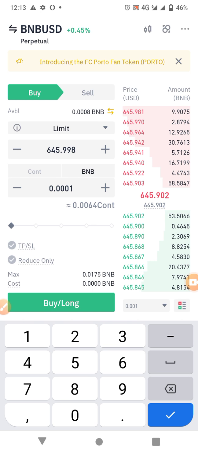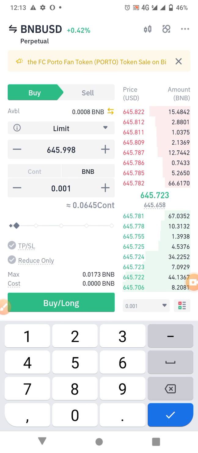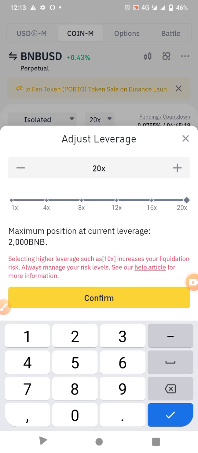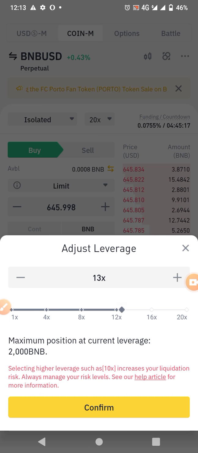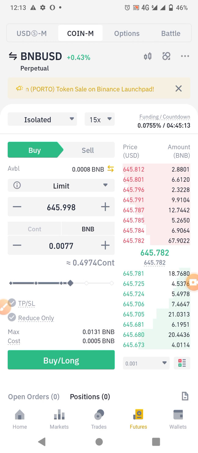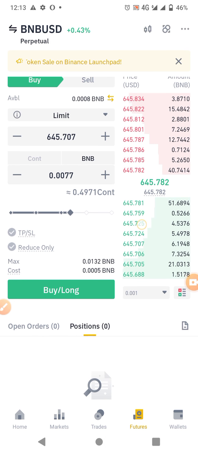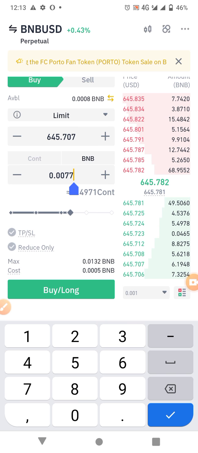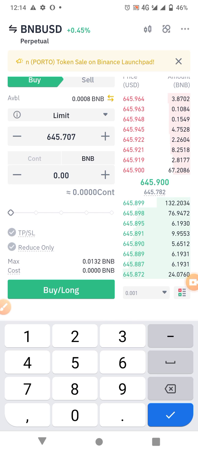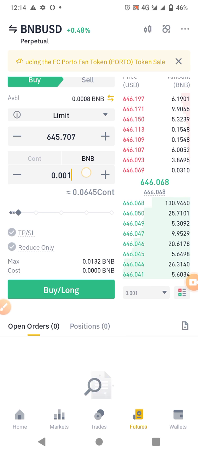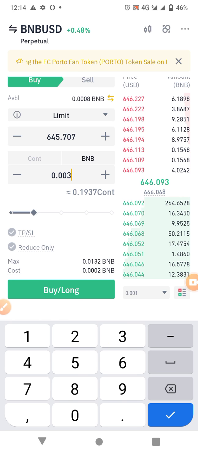Let me use 0.01 BNB. 20 leverage. Let me use 15 leverage. Using 15 leverage, let me trade 0.03 BNB.